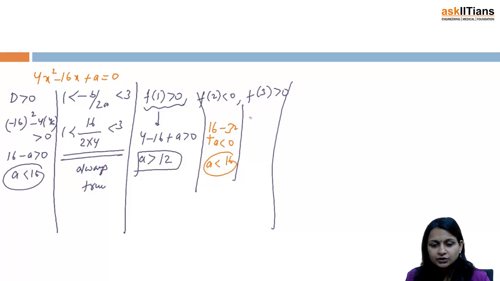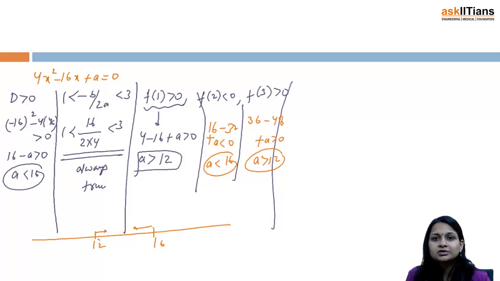So 4 into 3 square, 4 nines are 36, minus 16 into 3, 48, plus a greater than 0. So this gives me a greater than 12 again. So if I take the intersection of these, you can easily see that a is always lying between 12 and 16. So I can have the values 13, 14, 15. So I have three integral values: 13, 14 and 15.